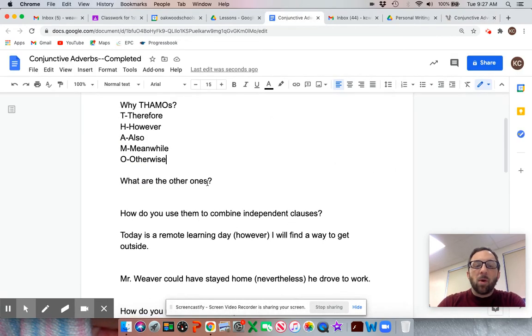Okay, so how do you use them to combine two independent clauses? I'm going to show you how to punctuate it. Here we have two independent clauses. Today is a remote learning day. I will find a way to get outside. So how would you use the word however between those two independent clauses? I put it in parentheses for now.